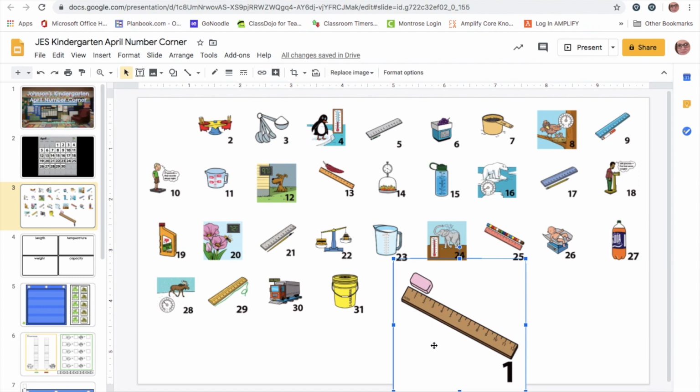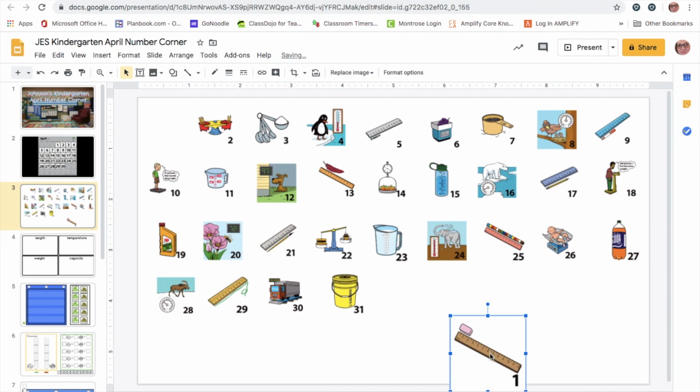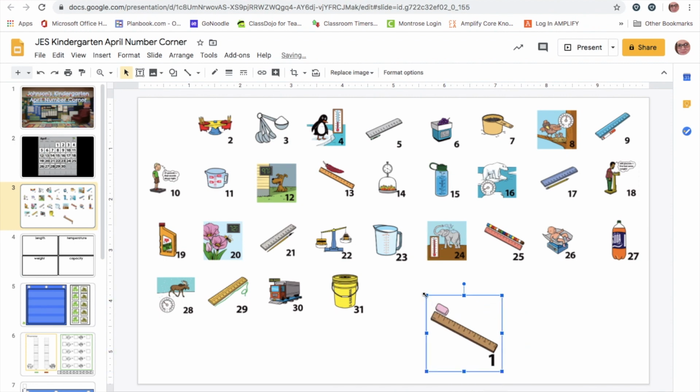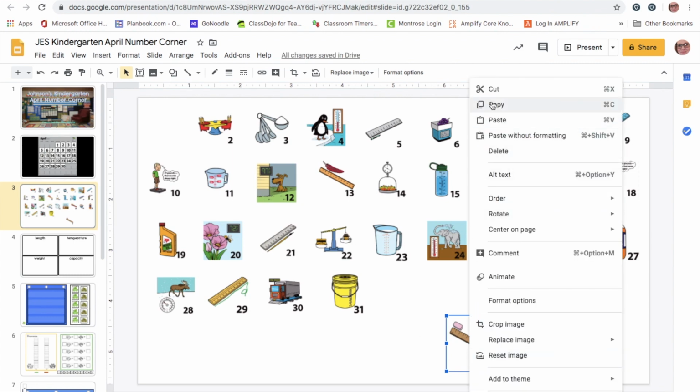Now I have a question for you. Which one is longer, the ruler or the eraser? Which one is longer, the ruler or the eraser? Oh, if you said the ruler was longer, you are absolutely correct.